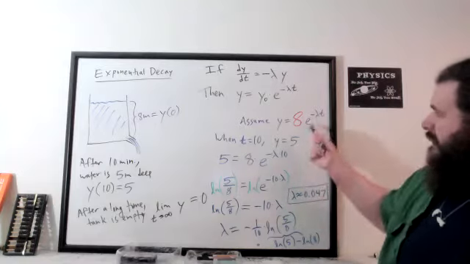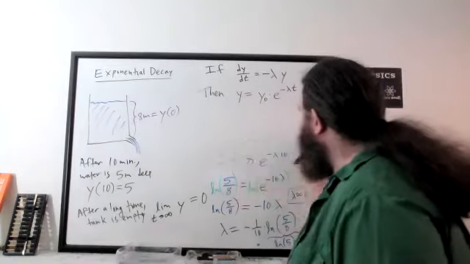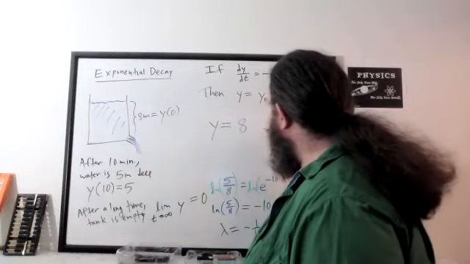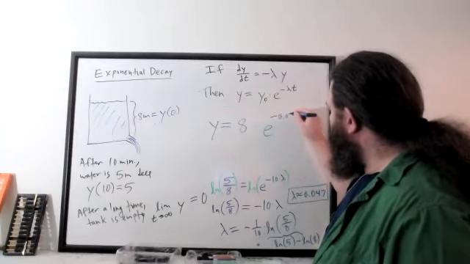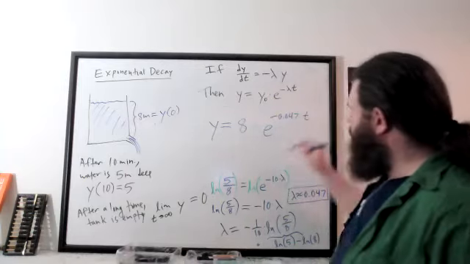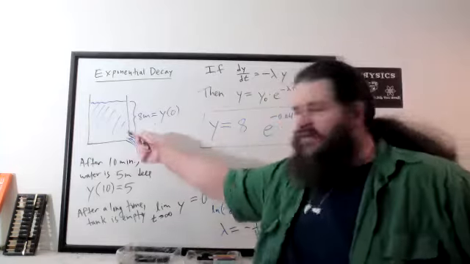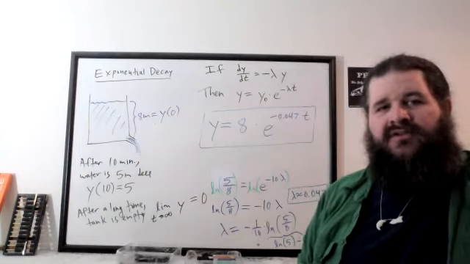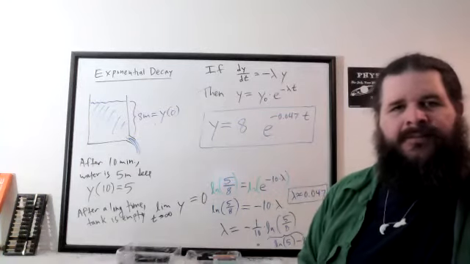We can now fill that in and get the actual equation. Y equals 8 times e to the negative 0.047 t. So this equation describes this exponential decay situation very, very precisely. We can now use this to figure out how much water is left at any time we want.